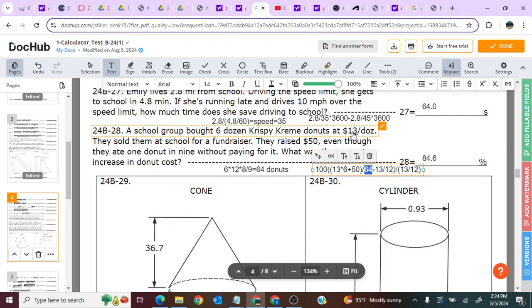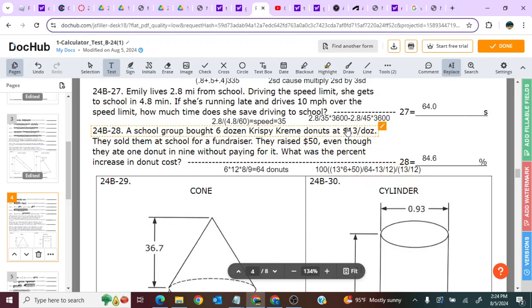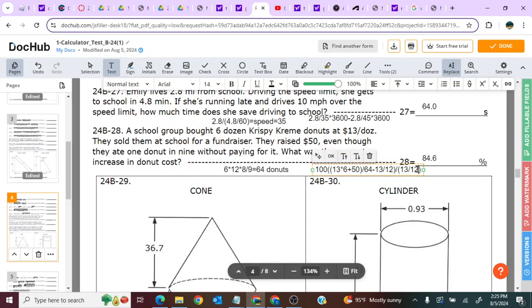And then the price they bought them at was 13 over 12 because $13 per dozen, so 13 over 12 dollars per donut. And the equation for a percent increase is new minus original over original. So you divide it by that 13 over 12 again and multiply by 100 to make it a percent.